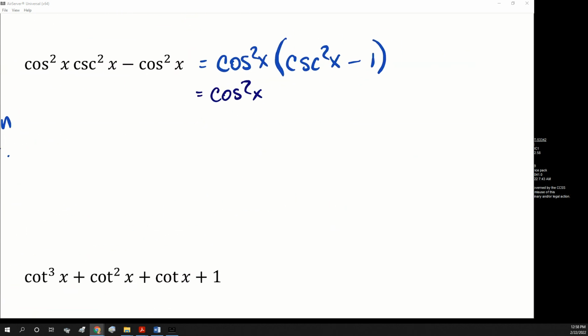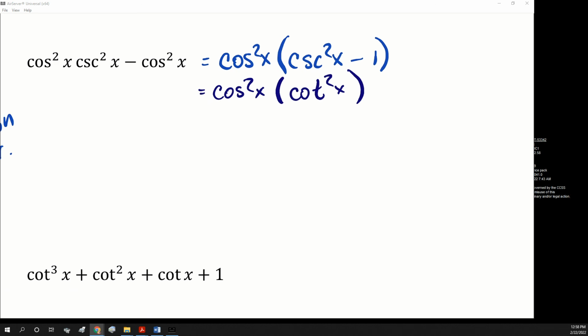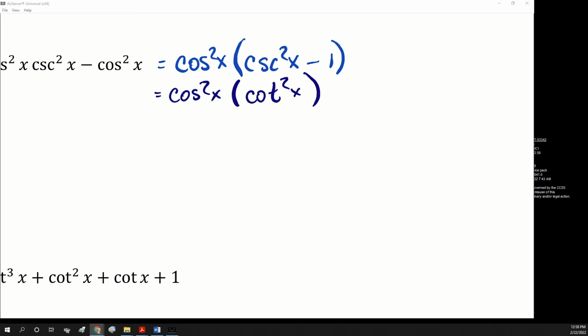And so that is what this is. And that really is as simple or as simplified as we can make this one. We could try to do things, but it actually just makes it more complicated in this case. Okay. All right. You can make a note if you want to. That was Pythagorean identity.